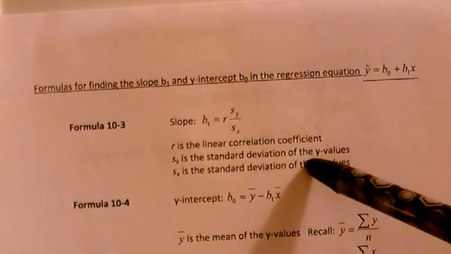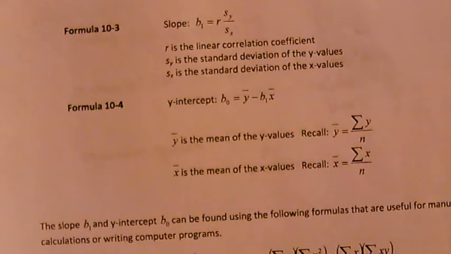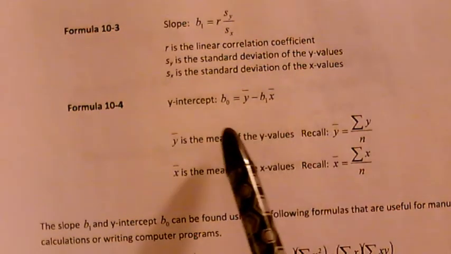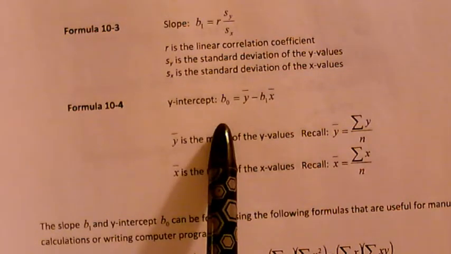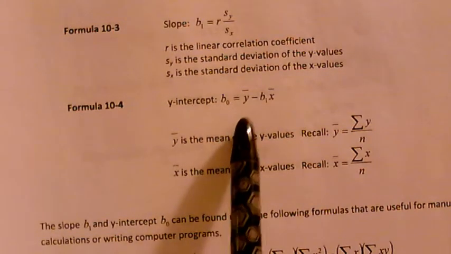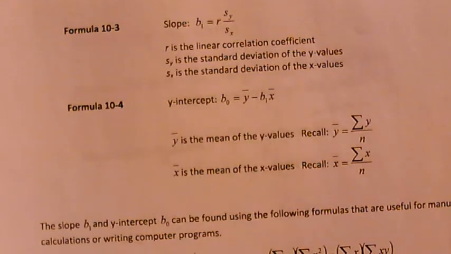Now, we will not use this in this video. Instead, it will be much easier to find the y-intercept from this. b sub 0 is equal to y bar minus b sub 1 times x bar.